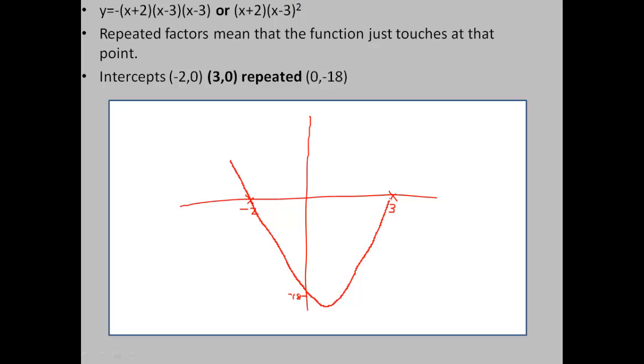And then this point here is repeated, so it will just bounce off. So the important points, the 3 points where the axis is either intersected or touched in this case. Notice that the minimum point is this side, and again that's because we've got 2 here and 3 here, so the minimum point I've put just to the right of the y-axis.